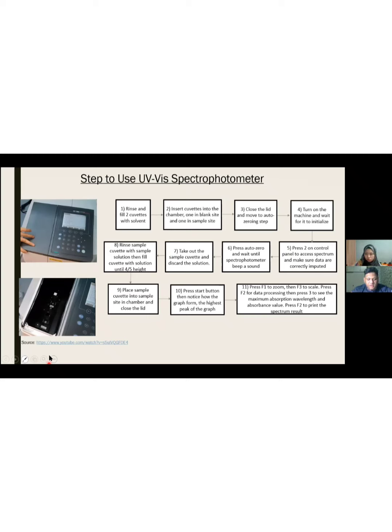Then press button 2 on the control panel to access the spectrum and make sure the data are correctly input. The scan range should be assigned from 400 to 800 nanometers, and the absorbance value needs to range from 0.0 to 1.50. Next, press auto zero and wait until the spectrophotometer beeps.